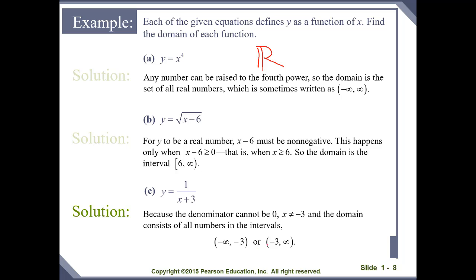So the domain consists of the numbers in the intervals negative infinity to negative 3 or negative 3 to infinity. And sometimes in set theory notation, we write that with our union symbol, which means or. So you might also see it written that way.